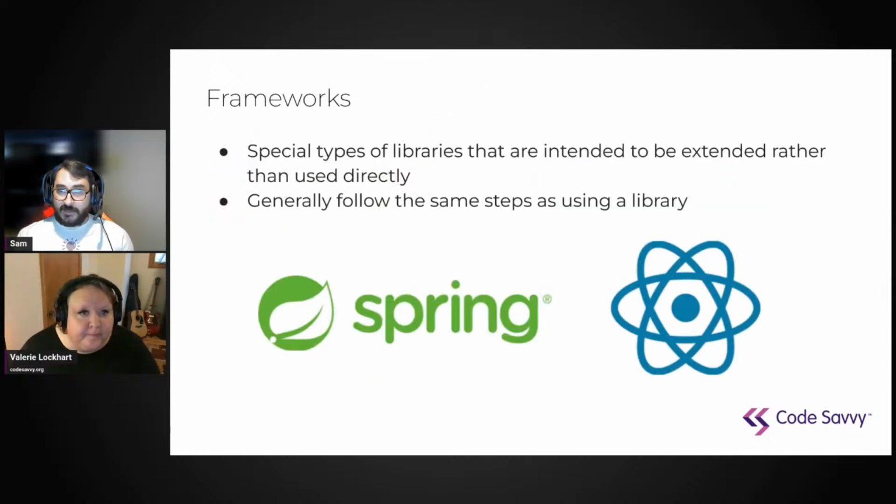All right. One last thing, there's a special kind of library called a framework. It's very similar to a library, but it's more intended to be extended rather than used directly.